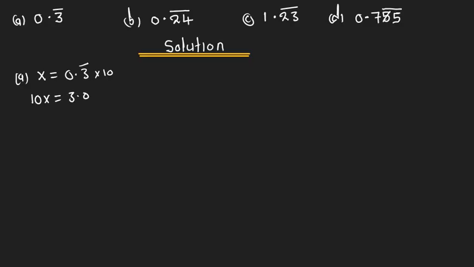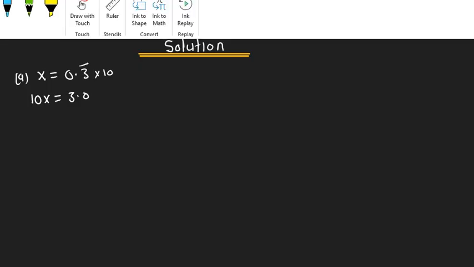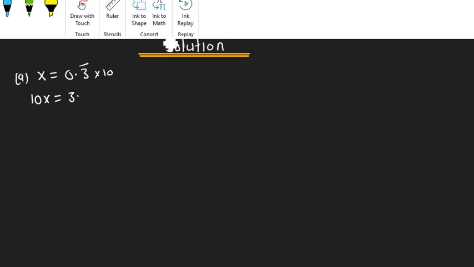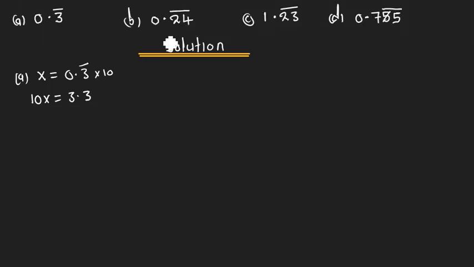And of course, this is going to be 3.0. Sorry, I forgot something. Remember that it's a repeating decimal. So 3.3 bar. Why 3.3 bar? Because remember I said if a number is having a bar, it's repeating. It can't end at any point.